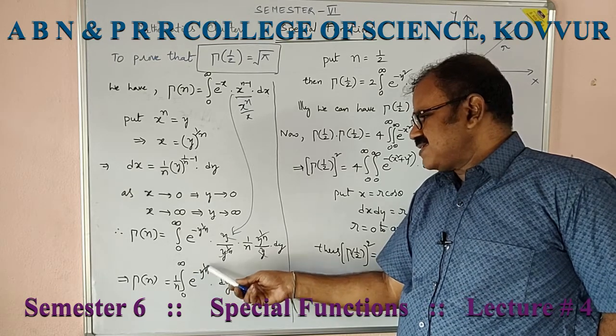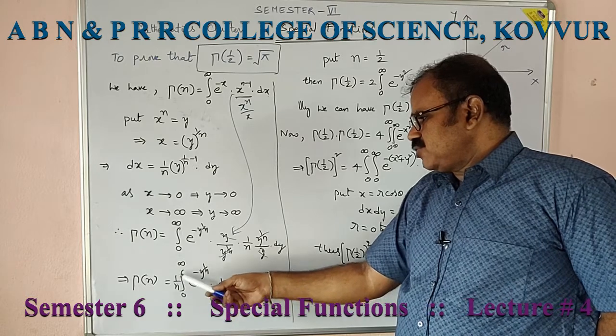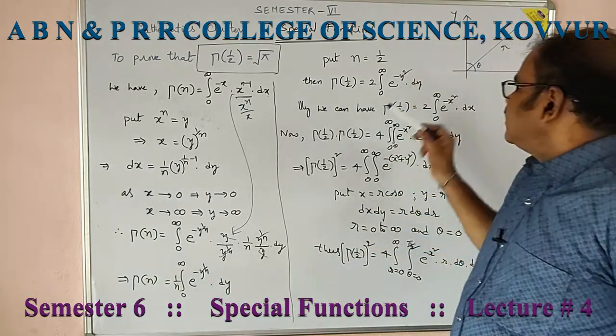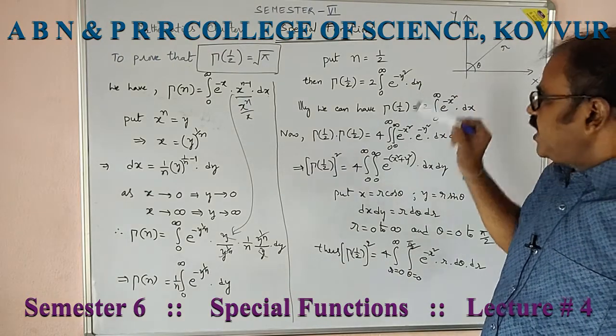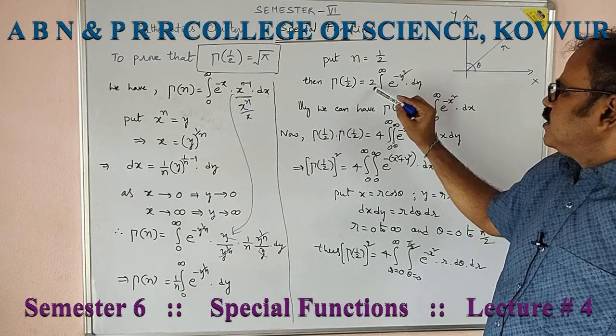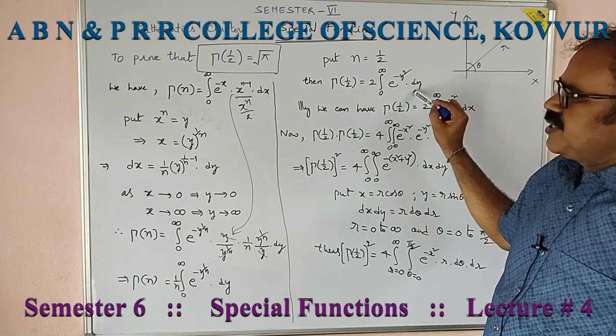So minus y square. So gamma half became 2 into integral 0 to infinity e to the power of minus y square dy.